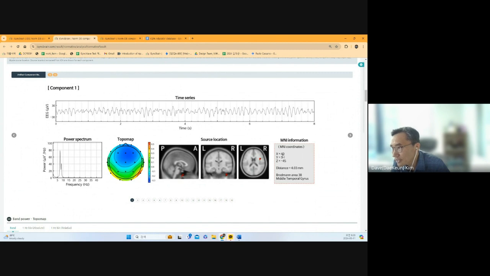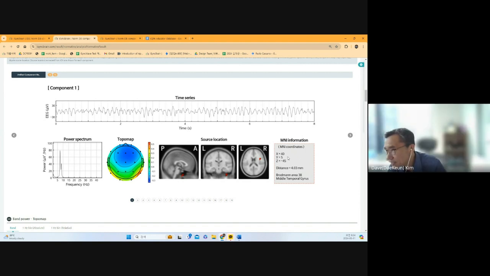So X equal 40 is the right hemisphere, Y equal 5 is almost in the center, just above the center line, a little bit frontal, just 5 millimeters. And the Z score is under the horizontal line, a very low position.